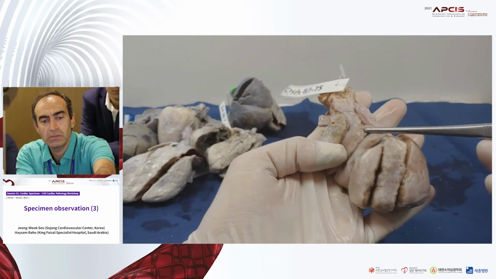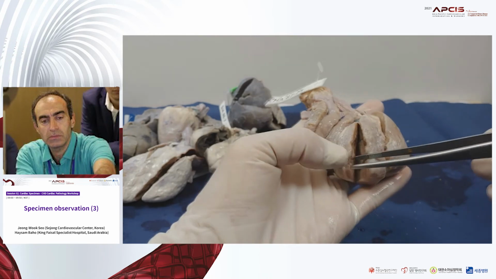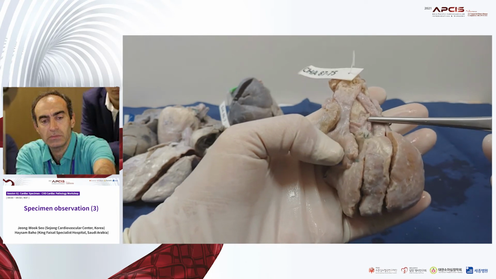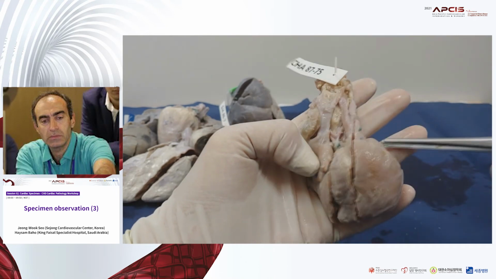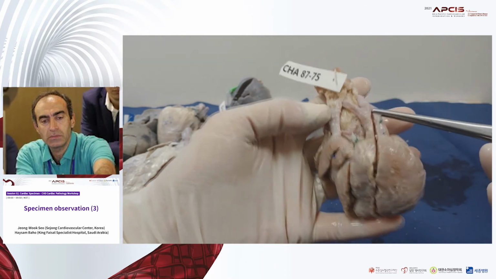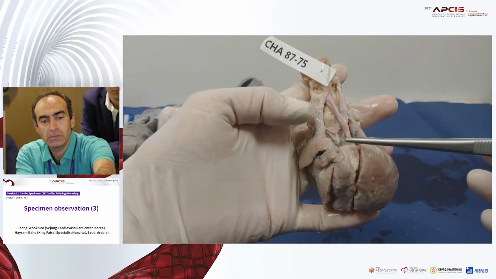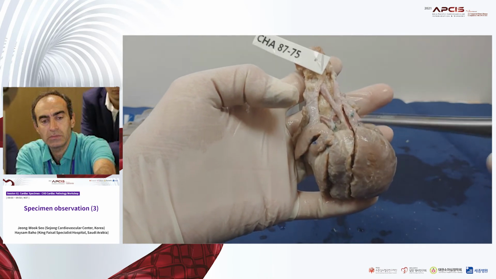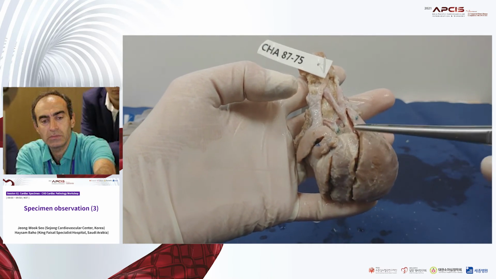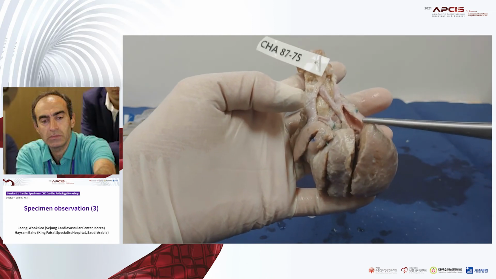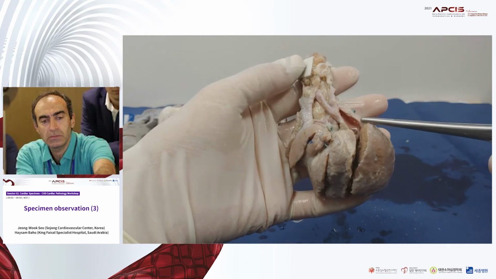Here we have right atrium to left ventricle on the right side and pulmonary artery coming out, and the left atrium to right ventricle and an aorta. I want to show the relationship of this aorta. Look at it, it's anterior and to the left, which is the most common type of relationship of the aorta to the pulmonary artery.